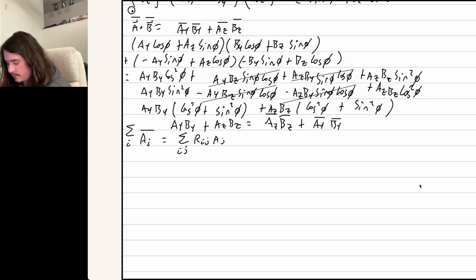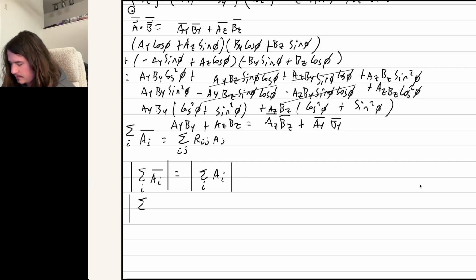And so to maintain the magnitude of the vector, this has to be true. The magnitude of the new vector has to be the same as the magnitude of the original vector.